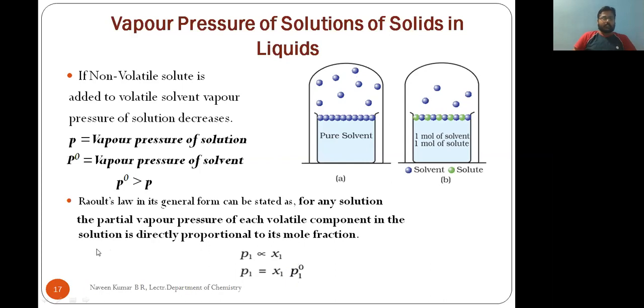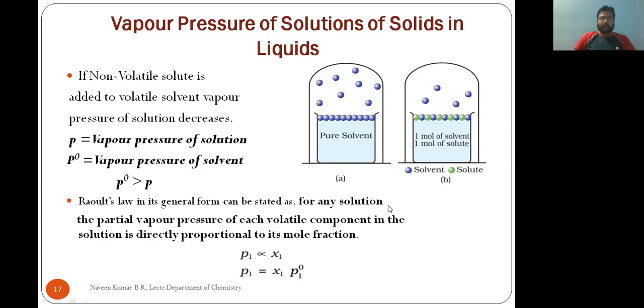So in the general Raoult's law, what we stated earlier was for a mixture of two volatile liquids. Here, if you take any type of liquid solution, whatever volatile components are present in it, we can relate its vapor pressure and the mole fraction using this generalized statement.